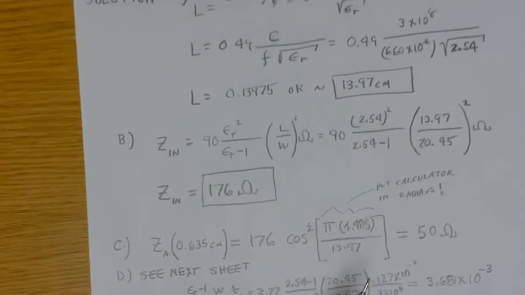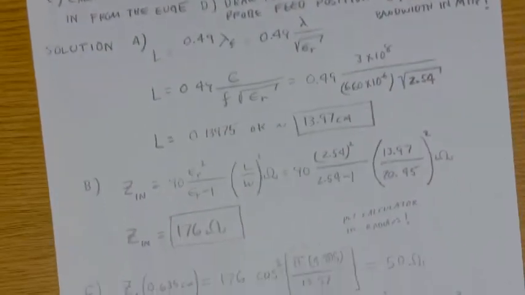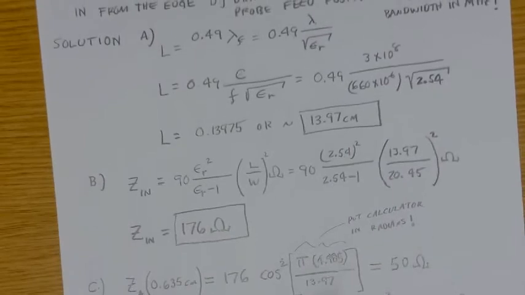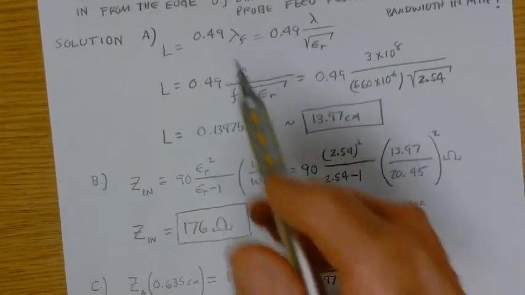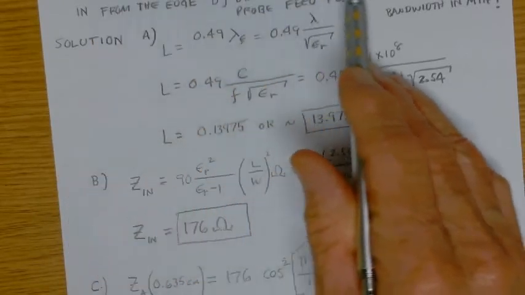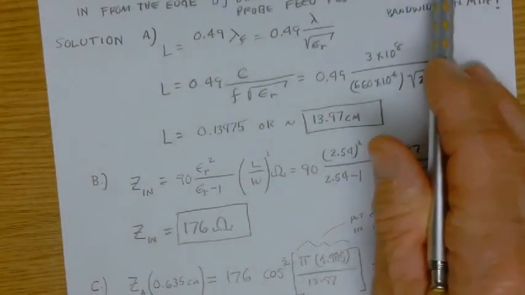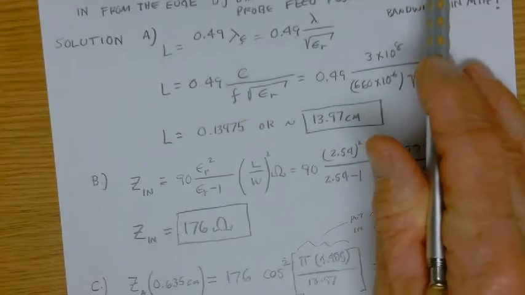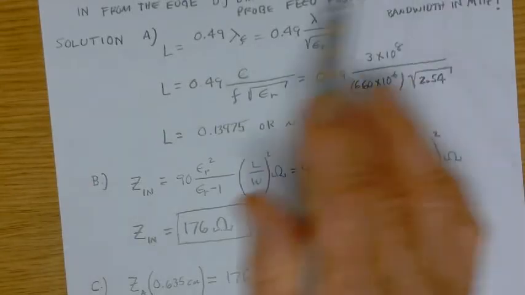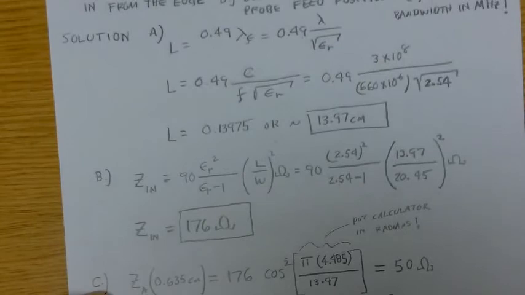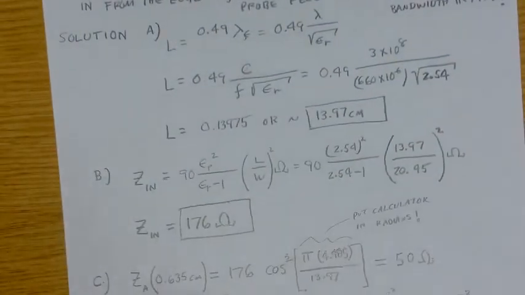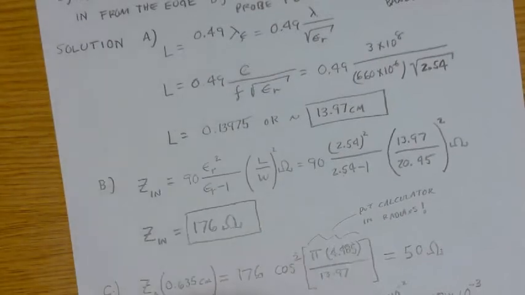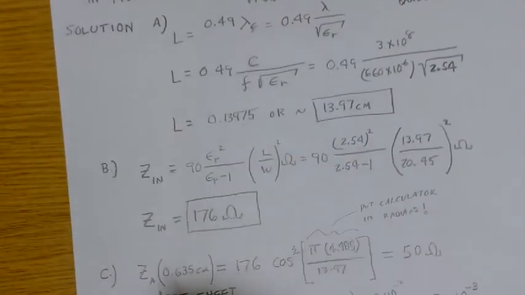Okay. So then, right, in the C part, calculate the input impedance for a probe fed if the probe is moved over to 4.485 centimeters from the edge. I don't know why the problem that I took this from was somewhat screwed up, so I don't know why this is not correct.